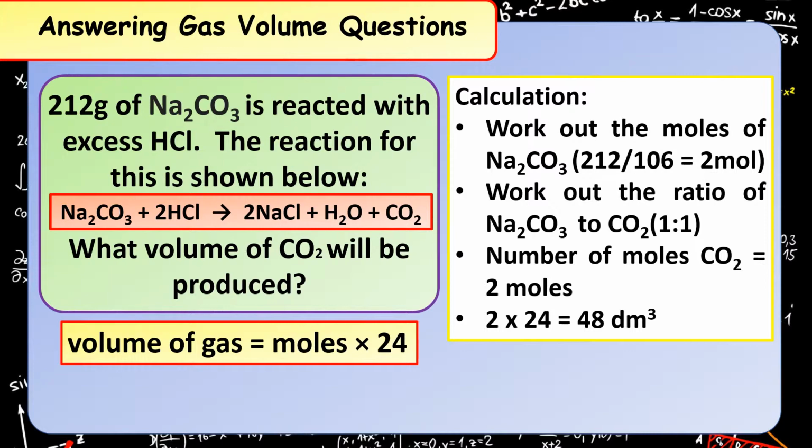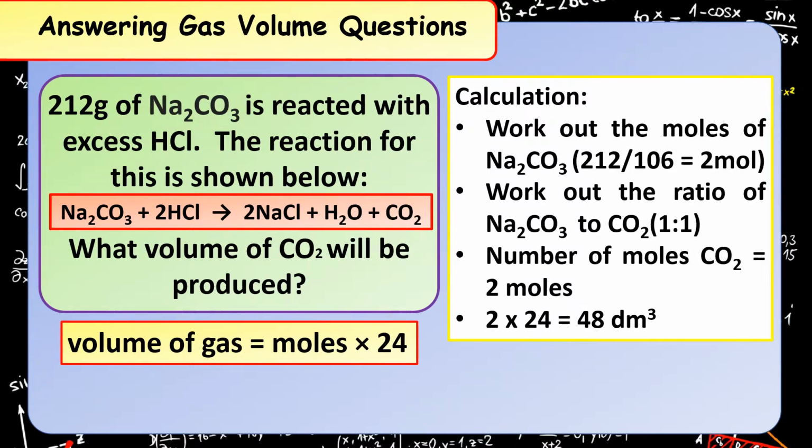The next thing we need to do is to work out the ratio of sodium carbonate to carbon dioxide using that equation. So you can see in that equation that for every 1 sodium carbonate we also get 1 lot of carbon dioxide. So there's a 1-to-1 ratio.